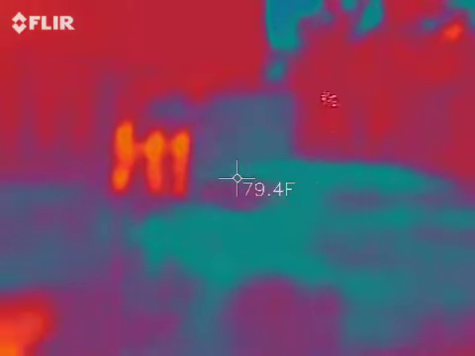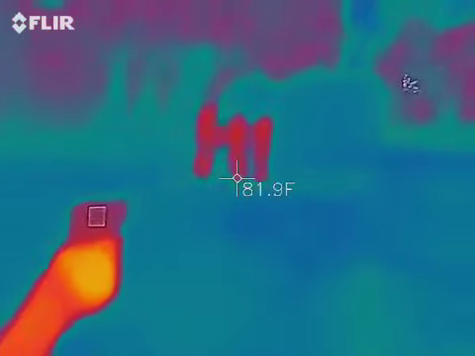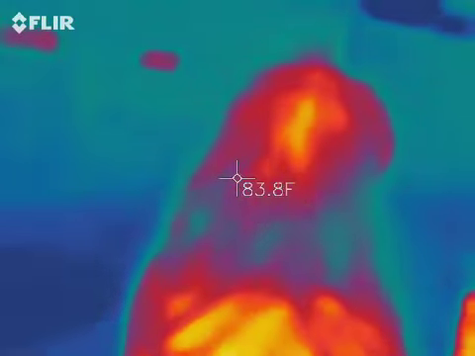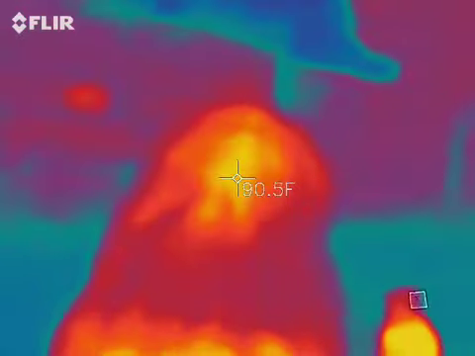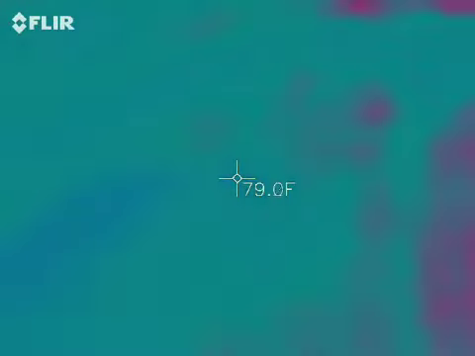74.4. It's my hottest when I point it to him. 76.1. You're 98 degrees. Oh, that's pretty normal temperature. Let me see, what are you?